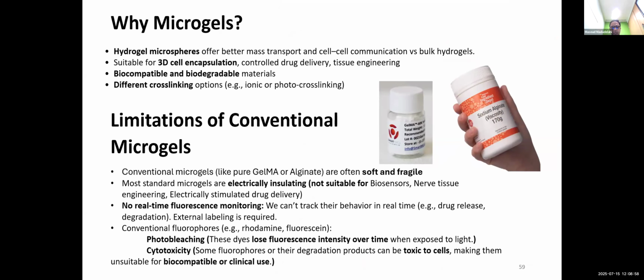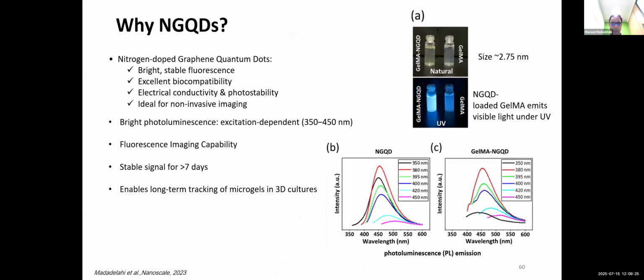Microgels, I mean microstructures made of hydrogels, for example GelMA or alginate, which are very soft and fragile hydrogels. You can add carbon materials to those microgels to enhance some properties or to add some fluorescent properties to these microgels.